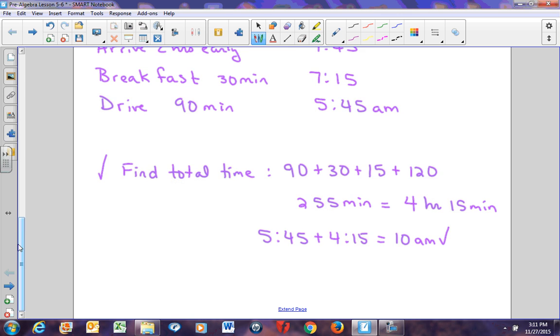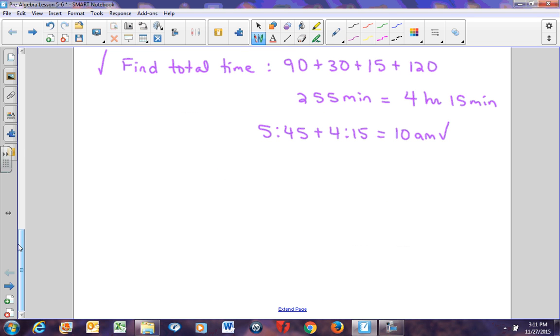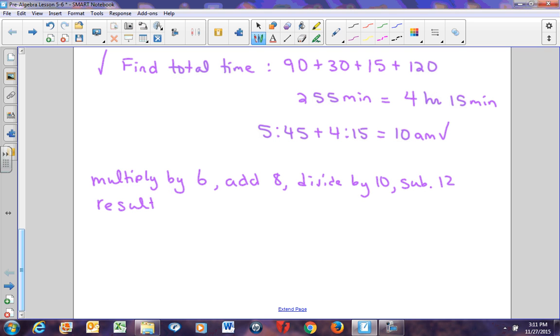If they give you something like that, they say, okay, multiply by 6, add 8, divide by 10, subtract 12. Result is -1. If you need to figure out what your beginning number was, work backwards.